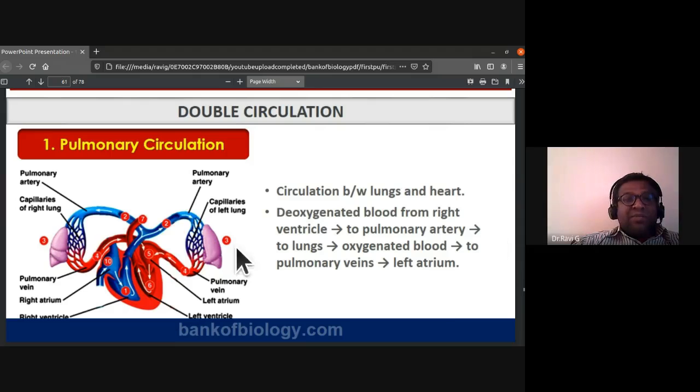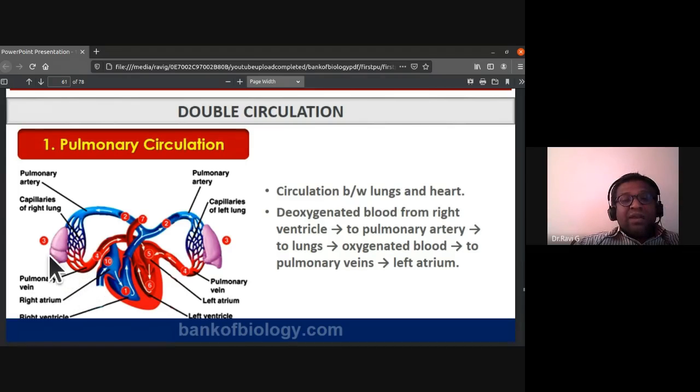So this is the pulmonary circulation. Pulmonary circulation is the minor circulation, the circulation between lungs and heart. The deoxygenated blood from the right ventricle is pumped into the pulmonary artery, and from there it enters the right and left lungs, where oxygenation takes place.